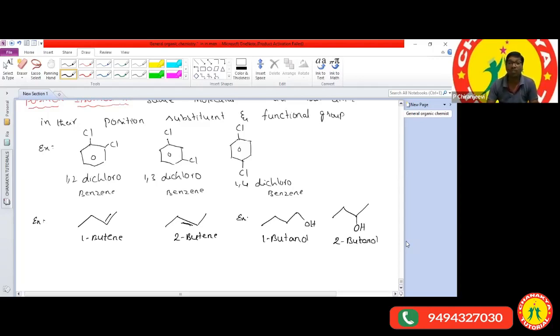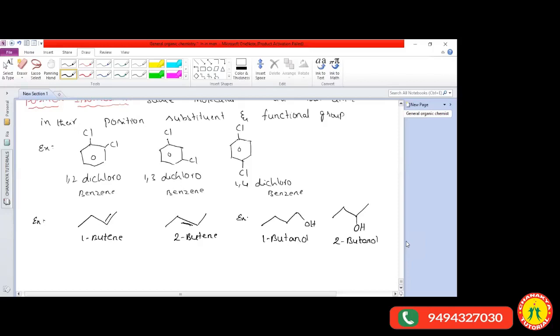The difference is the position of the OH group. If the position of the OH group is different, we call them positional isomers. Now you have clarity, all of you. Does anyone still have a doubt? Say yes or no.